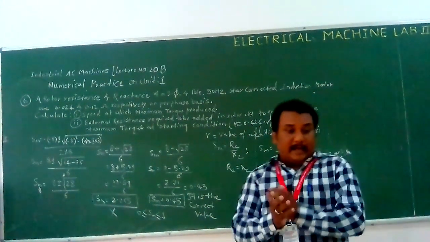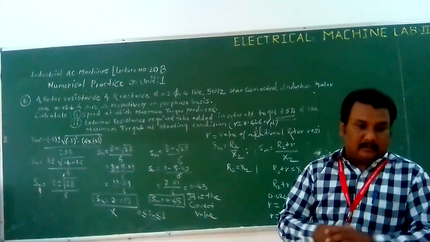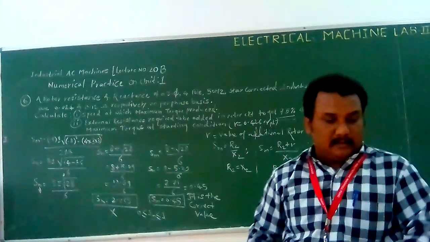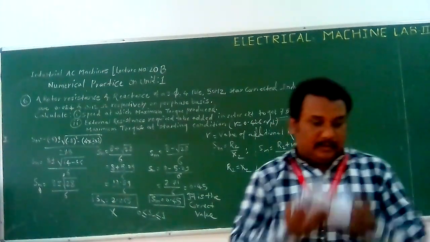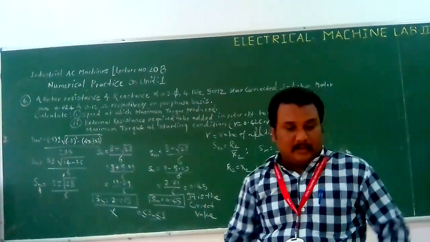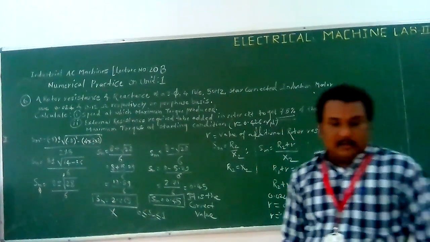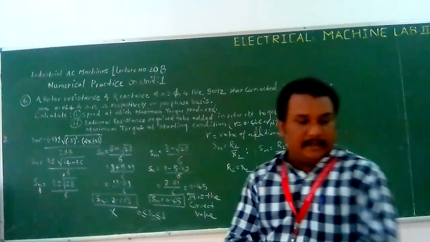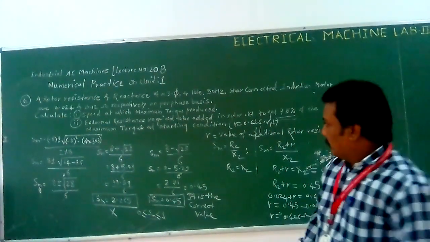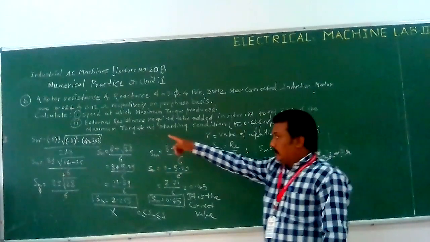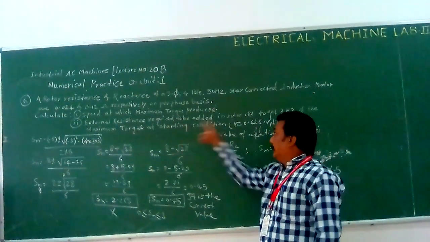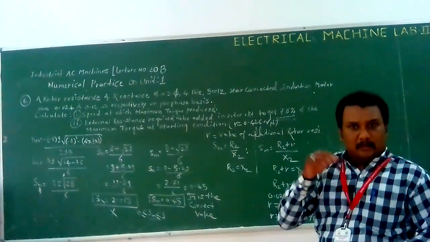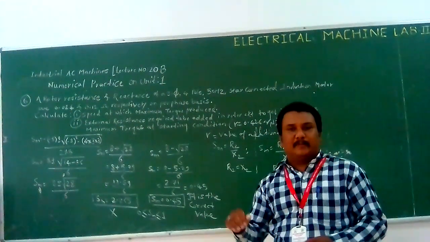Then we calculated the slip 0.5, and consider it is the maximum value at which the maximum torque is produced. Then, using the torque ratio formula, starting torque to maximum torque, where the ratio is given as 75%, and this ratio was previously calculated as 2 Sm upon 1 plus Sm squared.